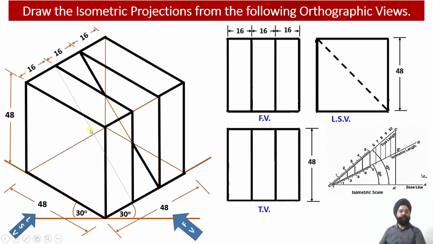So now I am going to remove this line, because usually we do not draw the hidden lines in the isometric projection. So this is the final construction of the isometric projection of the solid once the three orthographic views of the solid were provided to us.